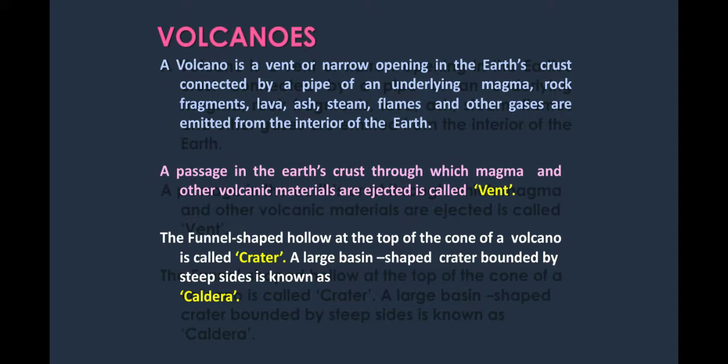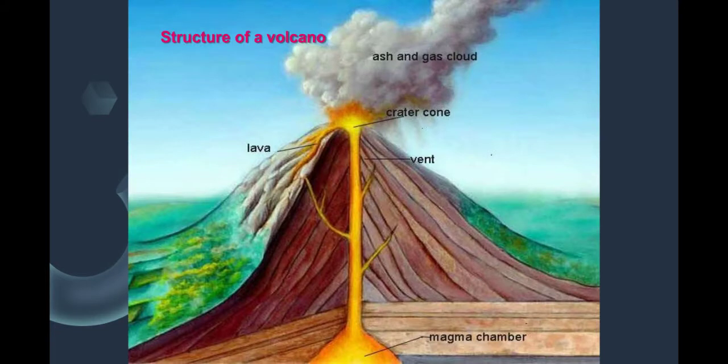Now you are familiar with the word volcano. I will show you the diagram. Now you see here the structure of a volcano. Down you see the magma chamber. As we have studied, the interior has the crust, mantle and core, and through the core and the mantle, the lava will be hot.